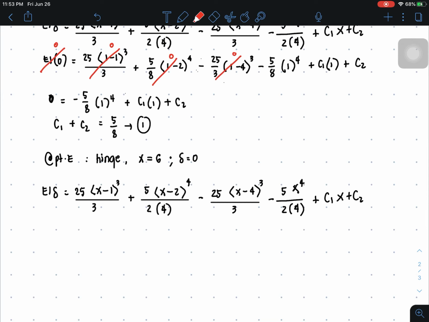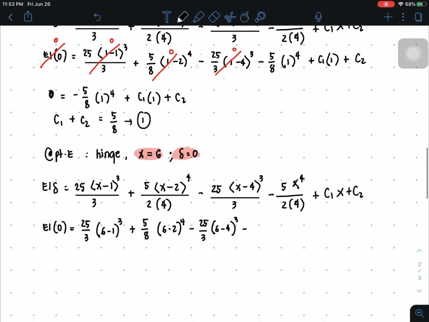Okay, so let us substitute the values of x equal to 6 and deflection equal to 0. So this is deflection times 0 equal to 25 over 3 times 6 minus 1 cubed plus 5 over 8 times 6 minus 2 to the 4th, minus 25 over 3 times 6 minus 4 cubed. Then minus 5 over 8 times 6 to the 4th, then plus c1 times 6 plus c2.